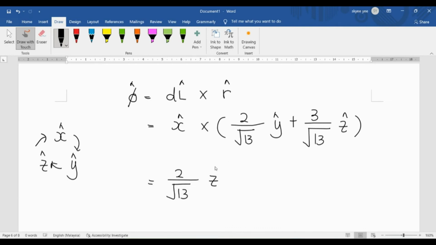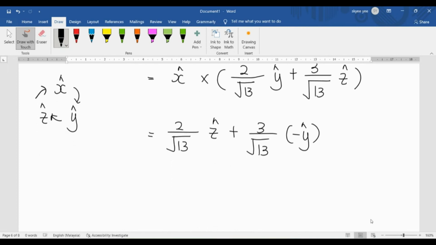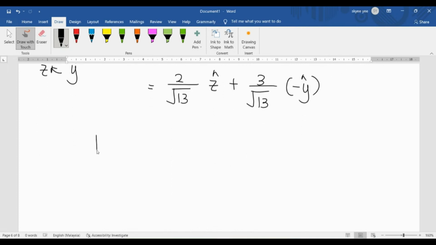You get z, plus x cross product with z. As cross product with z, you get negative y, because you are in different directions, so it is negative y. It is in the reverse direction. So now you got this, you put it here into your answer.